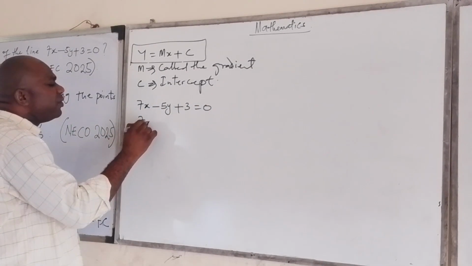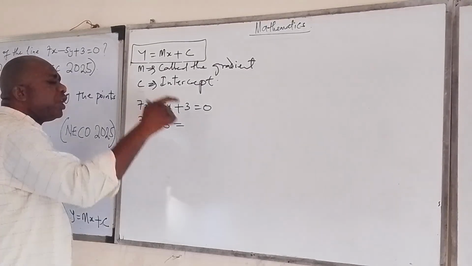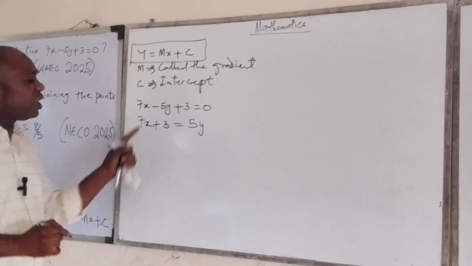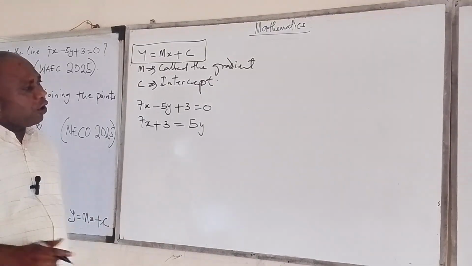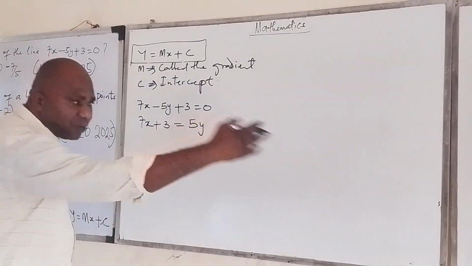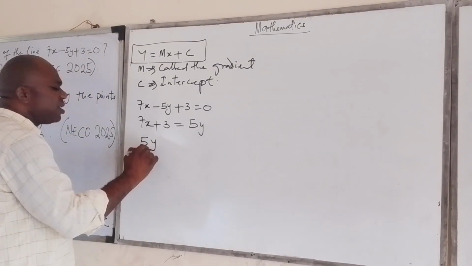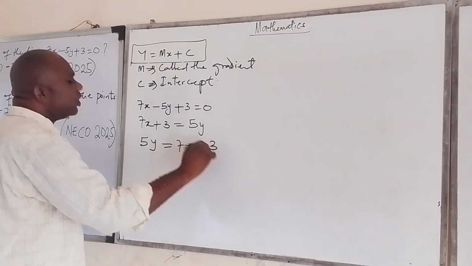It means here we have 7x plus 3 is equal to 5y, because if you take minus 5y to the other side, it will change to plus 5y. So we can also express this as 5y is equal to 7x plus 3.